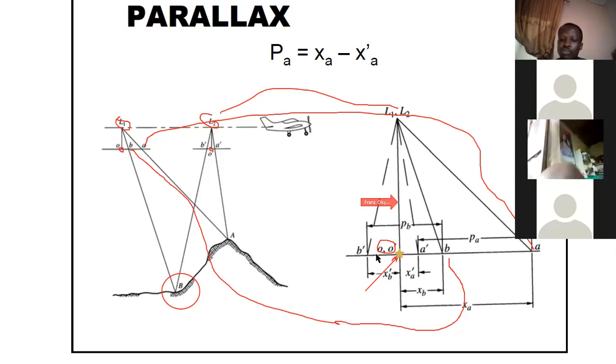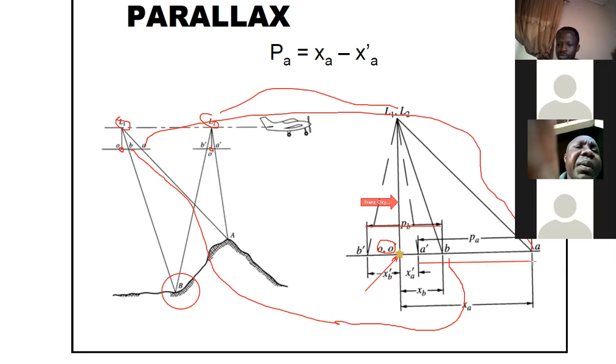So the parallax of point B becomes the distance between B and B prime, and the parallax for point A is A and then A prime, from here to here. So this is the basic explanation of how parallax works.